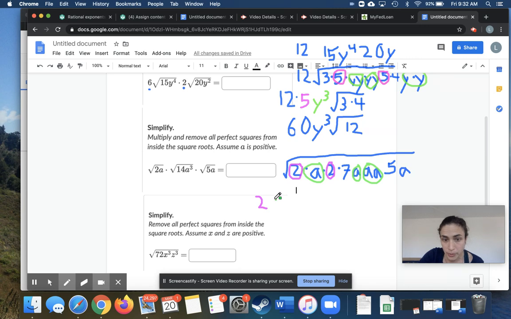So if I have 2 pairs of A, that's going to be A squared. And then everything else does not have a pair, so that just stays under the square root, okay? So go ahead and put back everything that's left over. That's going to leave me with 7 times 5 times A. So go ahead and multiply those together. 7 times 5 is 35, and then that's going to be times the A.